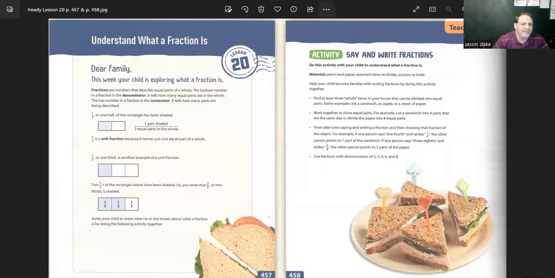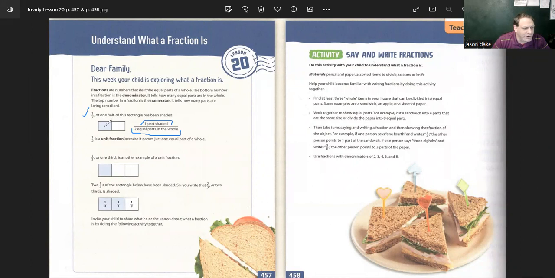All right, let me get my trusty pencil. So the bottom is the denominator, and the top is the numerator. Let's look at this first one. We're going to say 1/2, or spelled out one half, of this rectangle has been shaded.